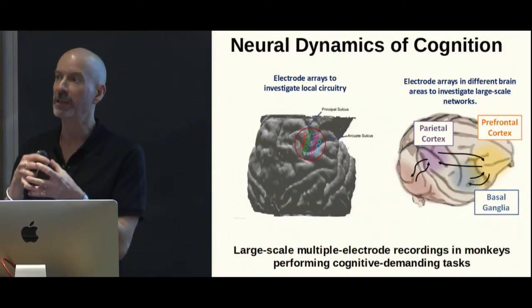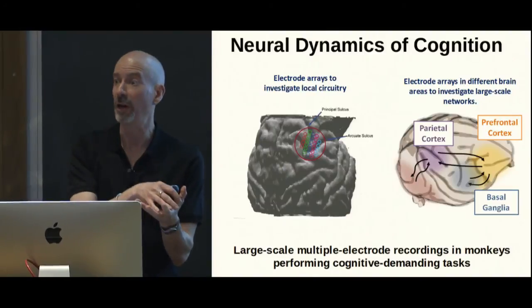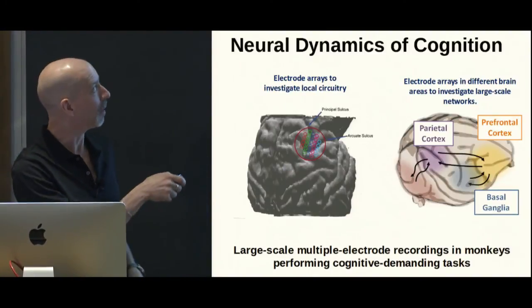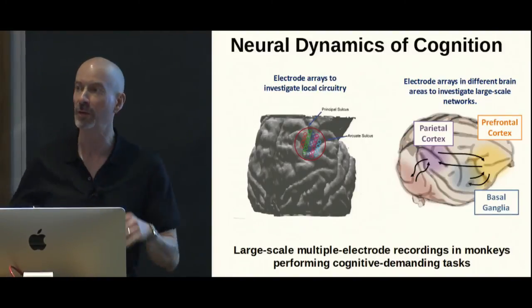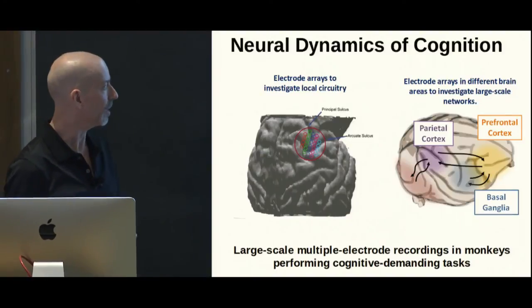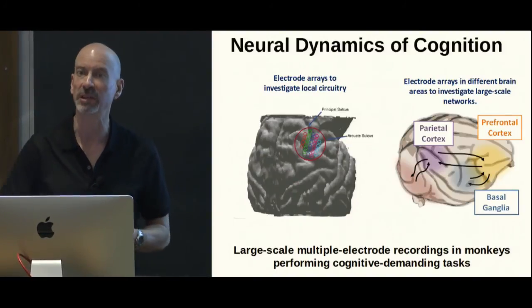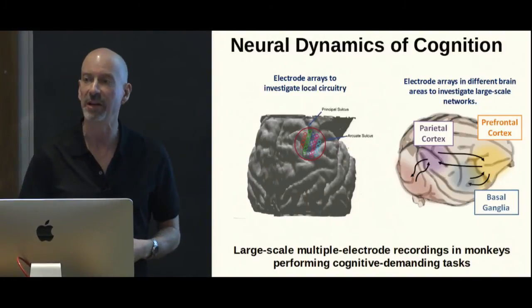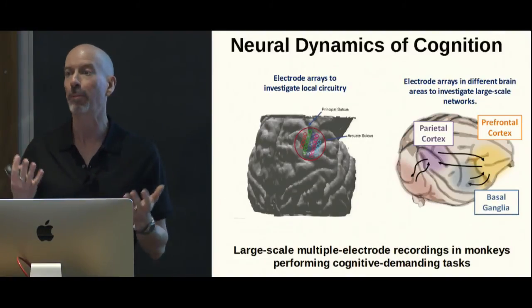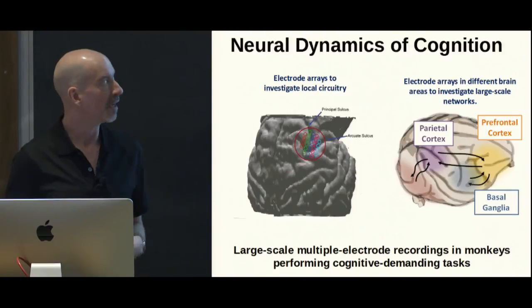And we often look at electrode arrays within one brain area, so we look at local network interactions within our brain area, and then implant multiple arrays in different brain areas, so we look at macro interactions across different brain areas. And what we do is we train our monkeys to perform a wide variety of cognitively demanding tasks, so we can look at the network properties underlying cognition.